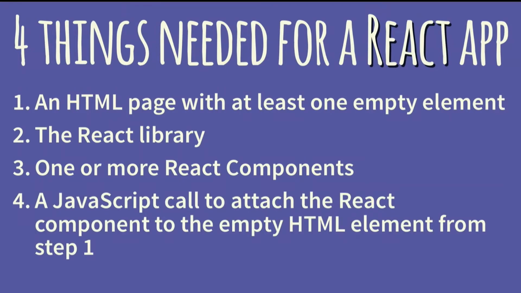And then you need to have one line of JavaScript to attach the React component that you created in step 3 to the empty HTML element from step 1. Basic building blocks. Got to have an HTML page with at least one empty element. Got to have React, obviously, and you need to have a React component. Then you just need to tie that React component to that empty element in the DOM.